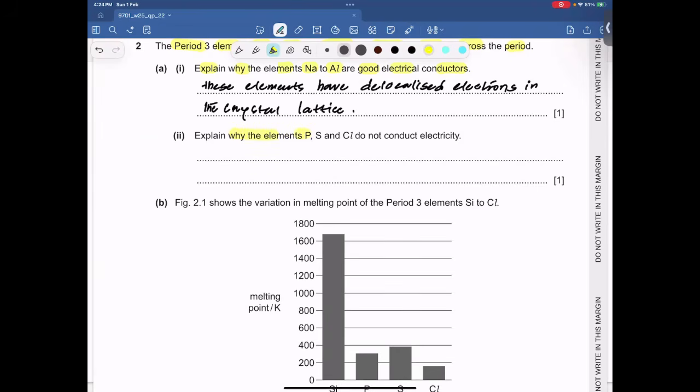Explain why elements phosphorus, sulfur, and chlorine do not conduct electricity. By the way, phosphorus, sulfur, and chlorine are not metals. They are technically non-metals, which is why they don't have free mobile electrons. They don't have delocalized electrons, which is why they cannot conduct electricity. Phosphorus, sulfur, and chlorine are non-metals.